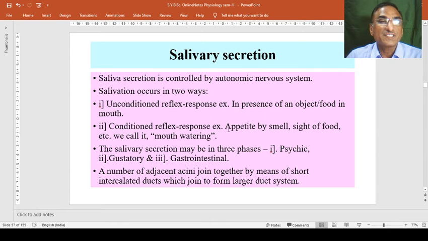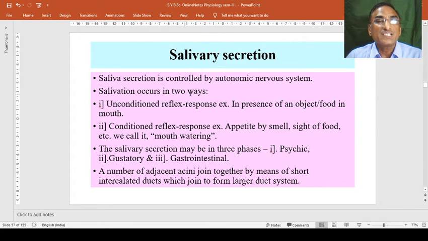Next, salivary secretion. How does salivary secretion take place? Saliva secretion is controlled by the autonomic nervous system. Autonomic means the system which works in an autonomic way. Therefore the name autonomous or autonomic nervous system is given. It means the final decisions are taken up by these nerve endings.